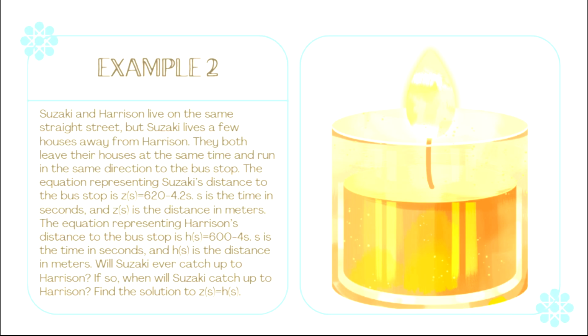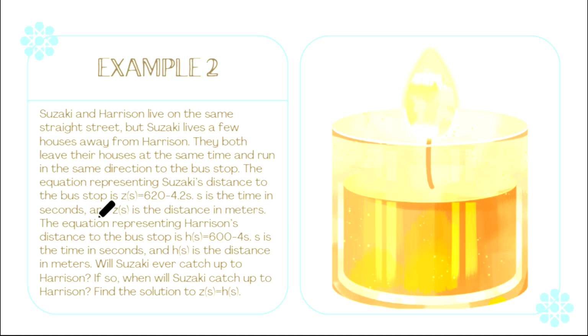Example number 2. Suzaki and Harrison live on the same straight street, but Suzaki lives a few houses away from Harrison. They both leave their houses at the same time and run in the same direction to the bus stop. The equation representing Suzaki's distance to the bus stop is z of s equals 620 minus 4.2s, where s is the time in seconds and z of s is the distance in meters.